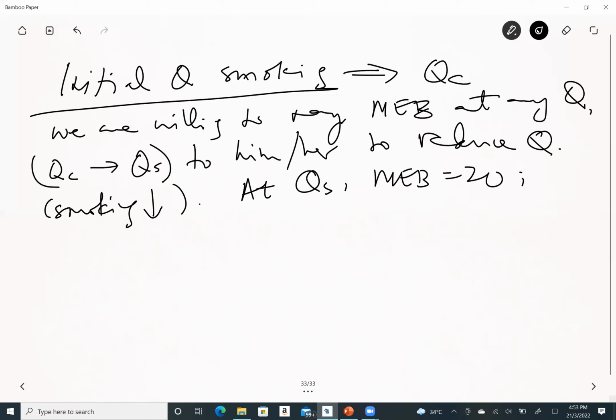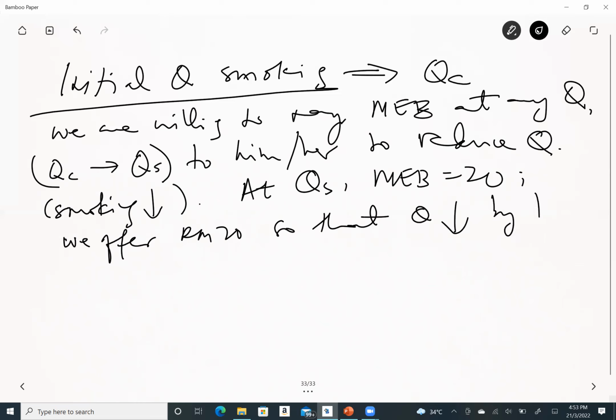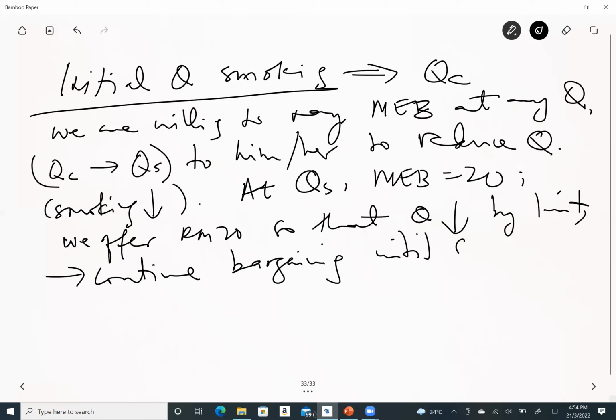So here we offer him 20 ringgit so that Q will be reduced by one unit. Then we continue the bargaining until Q equals QS, where MEB is equal to 0.